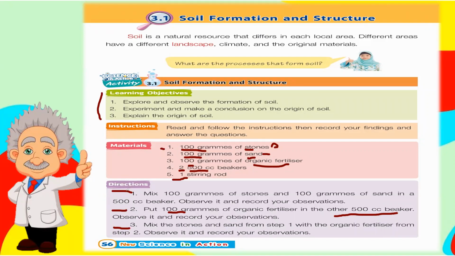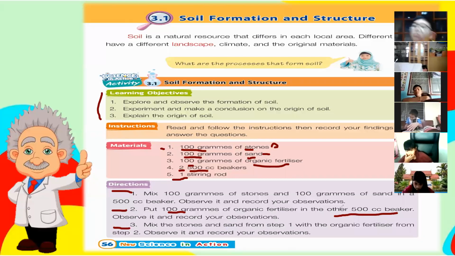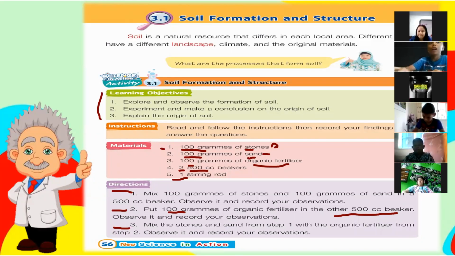So from the first step, we mixed the stone and sand, and we are going to take that mixture and put it with the organic fertilizer, and then we are going to record the observation. All right, students, do you understand until here? Students, did you understand what we are going to do? Yes. Okay, look, now one more time.